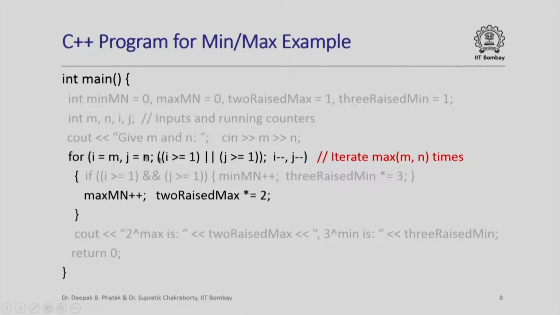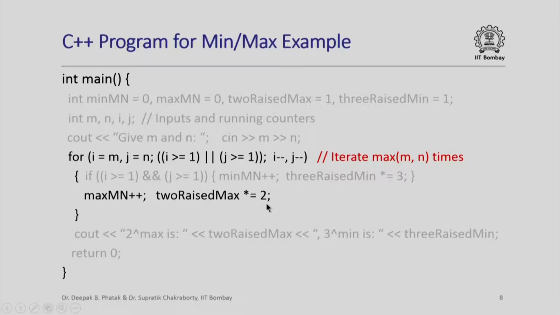Now since this loop is going to iterate max(m,n) times, I might as well increment the value of max(m,n) every time I iterate through this loop, so that at the end I do get the value of max(m,n). And since I have got to raise 2 to the power of max(m,n), I could multiply the current value of 2 raised to max with 2 every time I iterate through the loop.